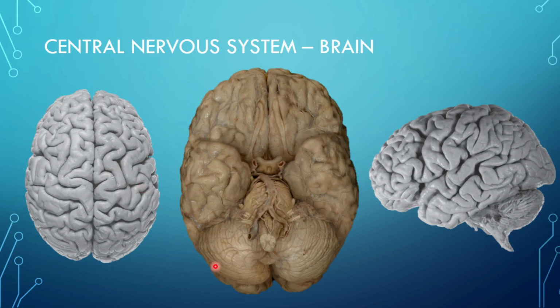The second image in the middle here, if we flipped over that first image and looked at the inferior surface, or the undersurface, or the base of the brain, this is what we would see. There's a lot more going on in comparison to the superior view. We can see, again, two hemispheres, and that longitudinal fissure.